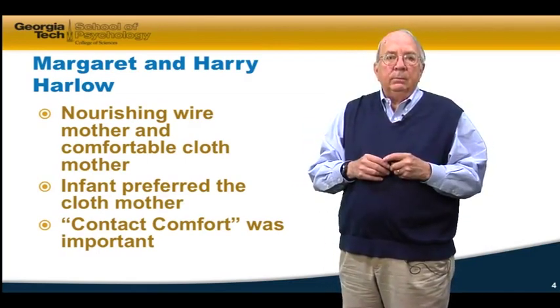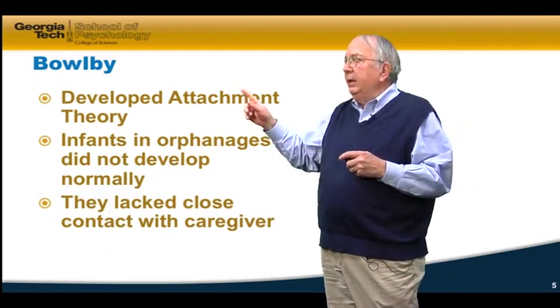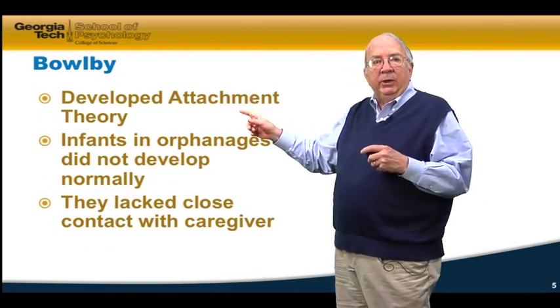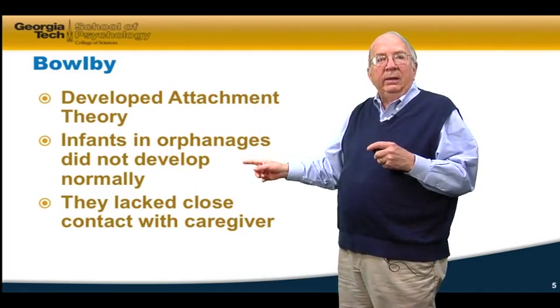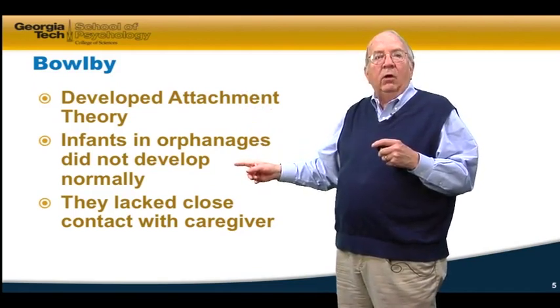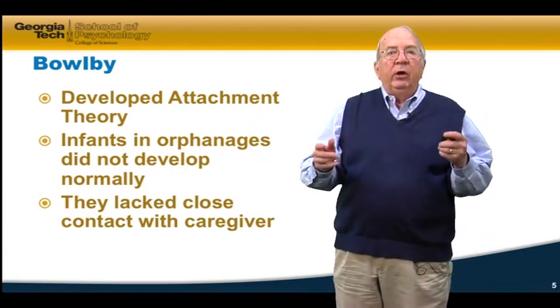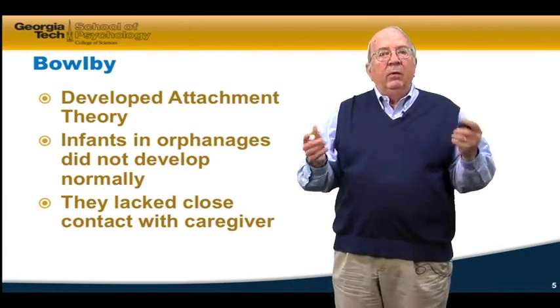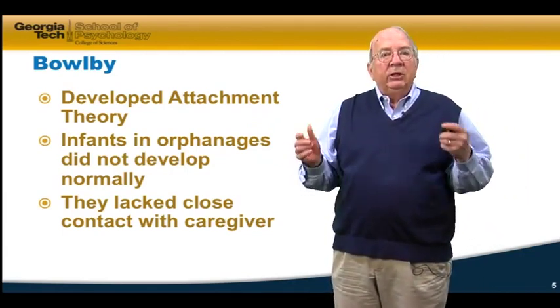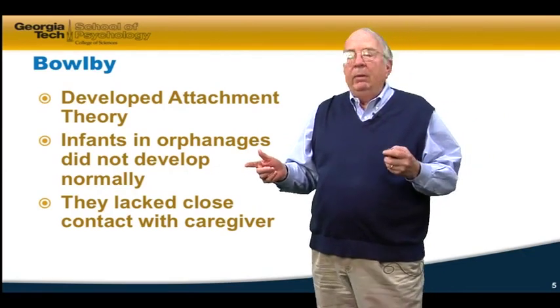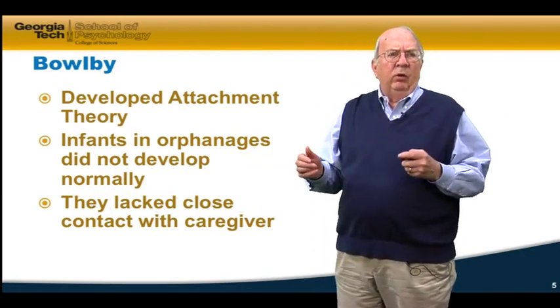Now, Bowlby is the psychologist who developed attachment theory, and he actually studied infants in orphanages. The belief was that the orphanages provided nourishment and all the things the child needed, and so they would develop normally. But what Bowlby discovered was they didn't develop normally.